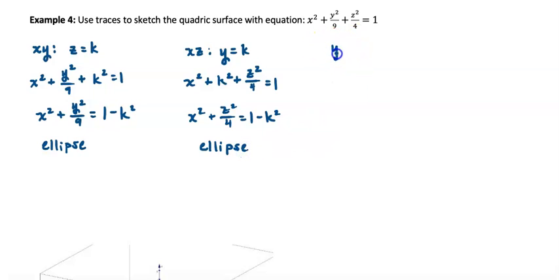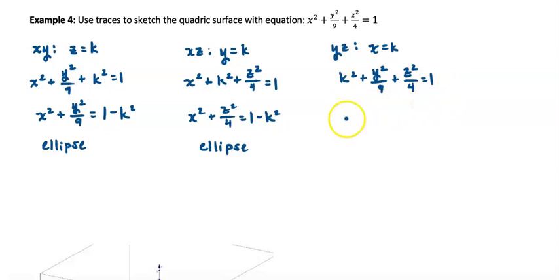And finally, my yz plane, where I know that x is equal to k. Well, I can plug this in and get k squared plus y squared over 9 plus z squared over 4 is equal to 1.